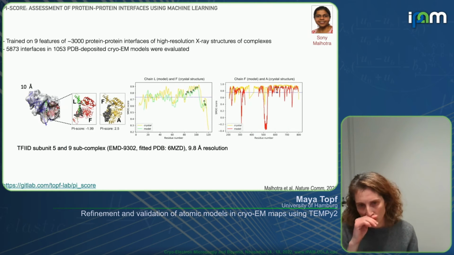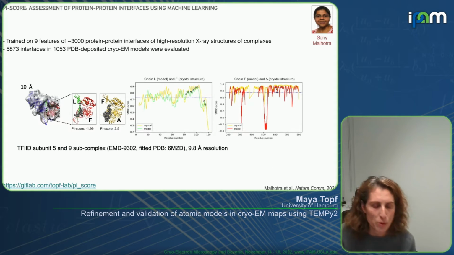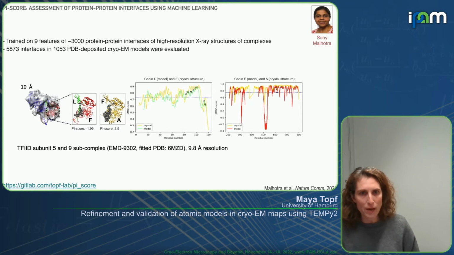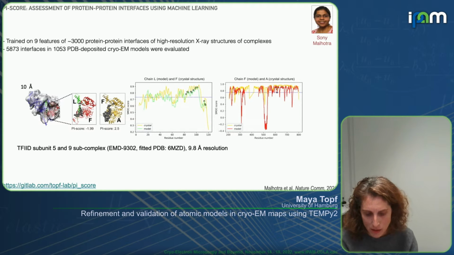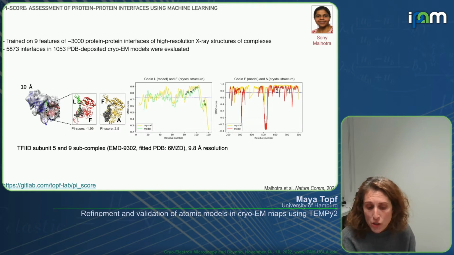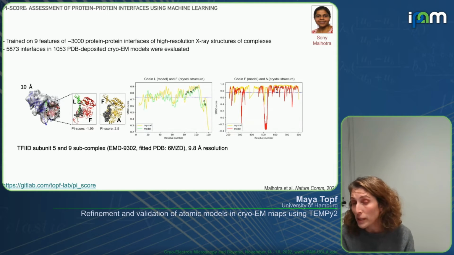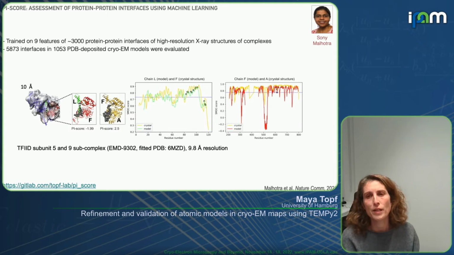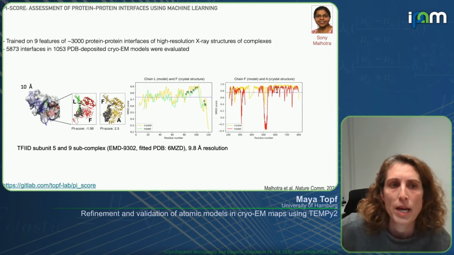Now, finally, I just want to say that a couple of years ago, with Sonny Malhotra, who is also now at CCP-EM, we developed a machine learning based score. It is based on a support vector machine, looking at protein interface features from high resolution X-ray structures.